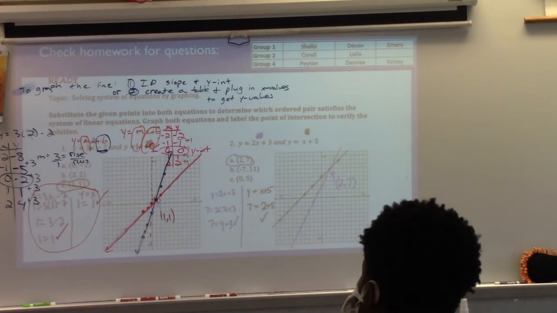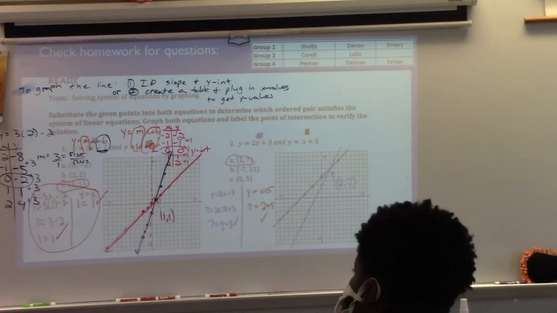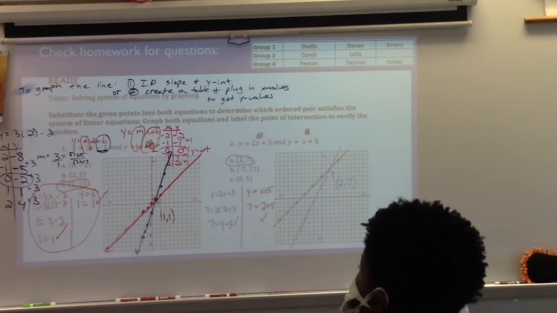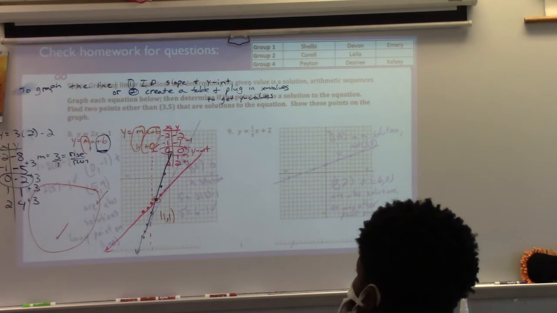The ready and the go are things that you should know. And if you don't, that's a red flag, and you should be like, man, I need to ask some questions, or I need to come into tutoring, or I need to go search on Khan Academy. Remember, there's literally a topic right here that will give you helpful information about how to do this. You got to put in the work. You got to be ready for class.